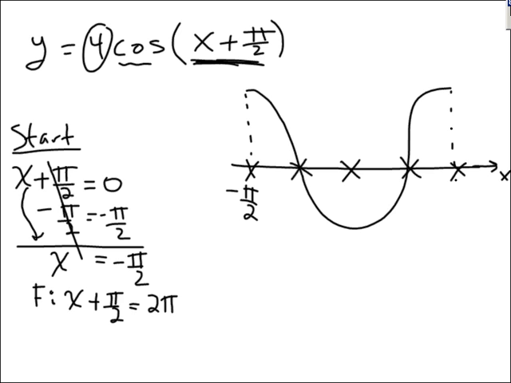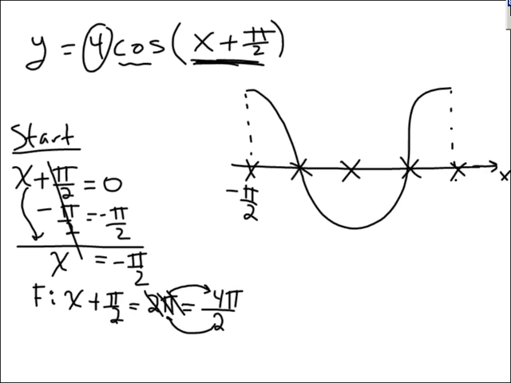Okay, now you should anticipate taking away pi over 2. And pi over 2 is over 2. So when you subtract, you need all denominators to be the same. So think of 2 pi as something over 2. Well, 2 times 2 pi, that's 4 pi. It's 4 pi over 2.